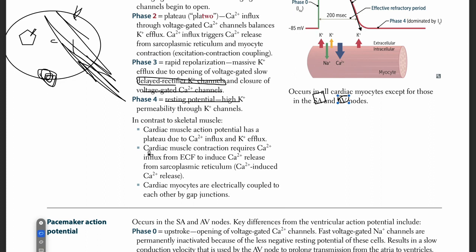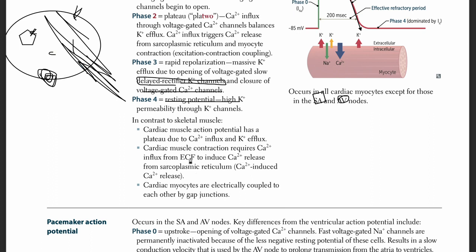Cardiac muscle contraction requires calcium influx from extracellular fluid to induce calcium release from the sarcoplasmic reticulum. Calcium comes from outside, attaches to the receptor here, and that causes release of more calcium into the cell.